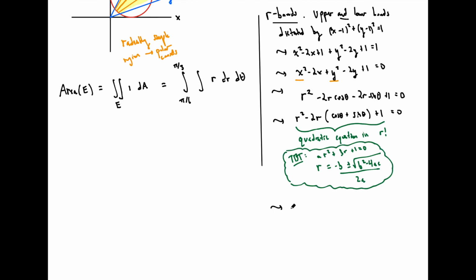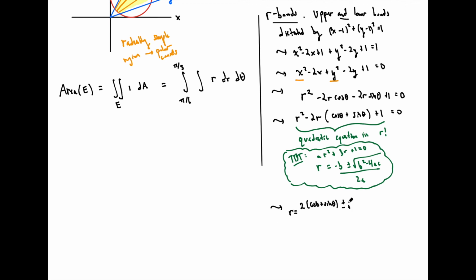So running the quadratic formula here is going to give us what? Negative b, well, the coefficient in front of r is negative 2 times cosine theta plus sine theta. So the negative of that coefficient is 2 times cosine theta plus sine theta.